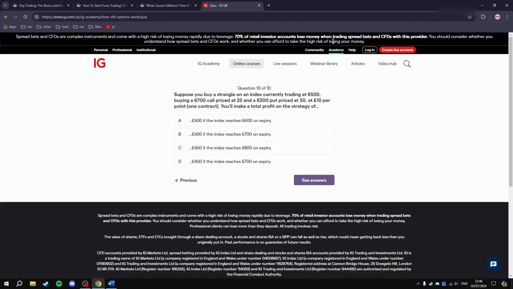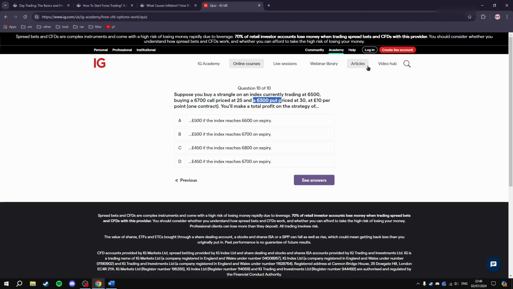If the index reaches 6,700 on expiry. So if it reaches 6,600 on expiry, you wouldn't exercise the call option, because you can buy it cheaper than 6,600.